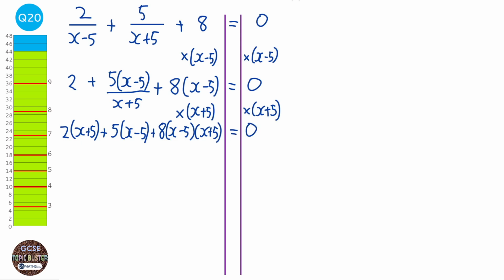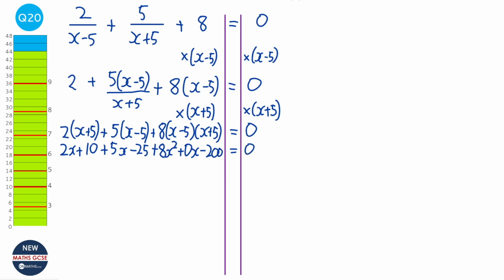Okay, next thing we need to do is multiply out these brackets. So we're left with 2x plus 10 plus 5x minus 25 plus 8x minus, that's a quadratic, so that will be plus, let me try and work it out quickly, it was 8x squared plus 0x minus 200 equals 0.